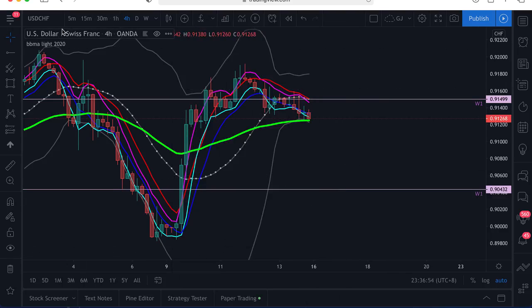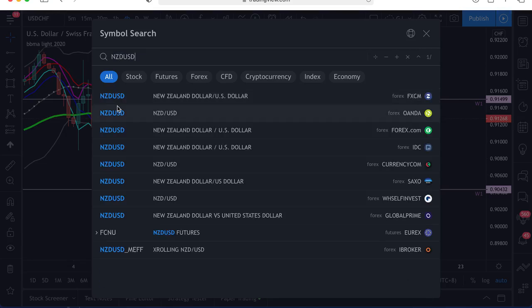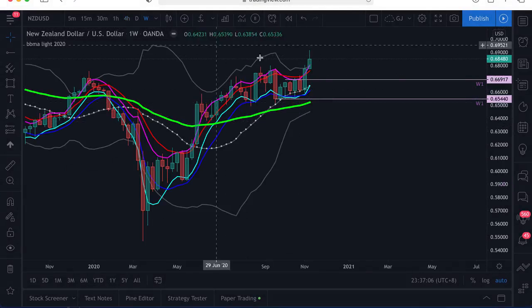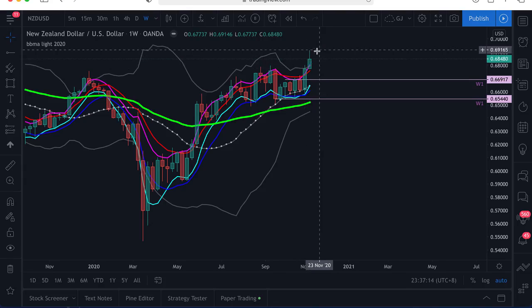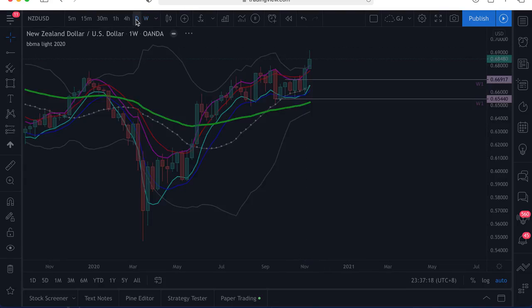Okay, next pair will be NZD USD. Alright, NZD USD in the weekly time frame is re-entry sell. Price is above the top BB, which is CSM buy, but we are waiting to sell, so this is a re-entry sell setup.